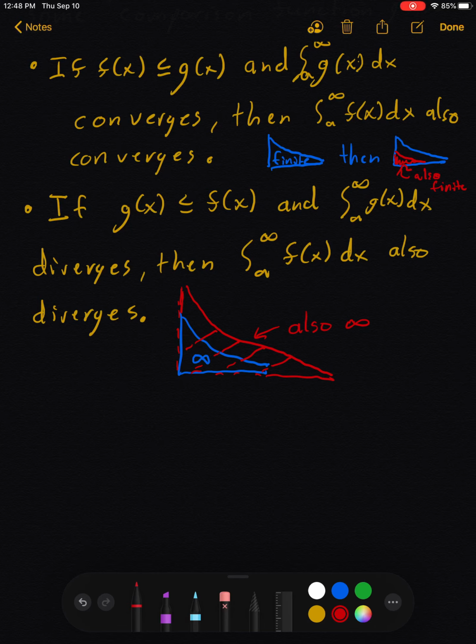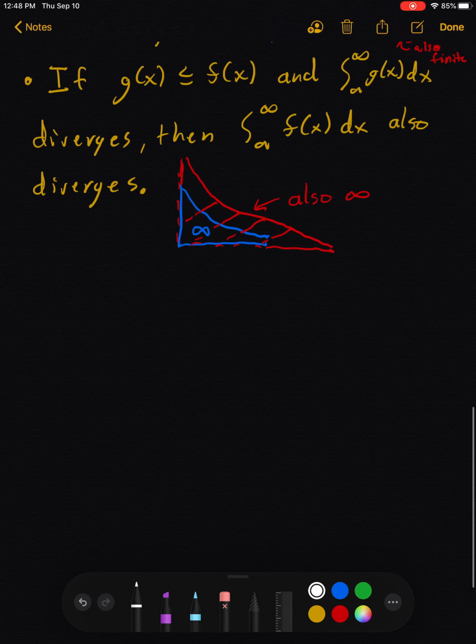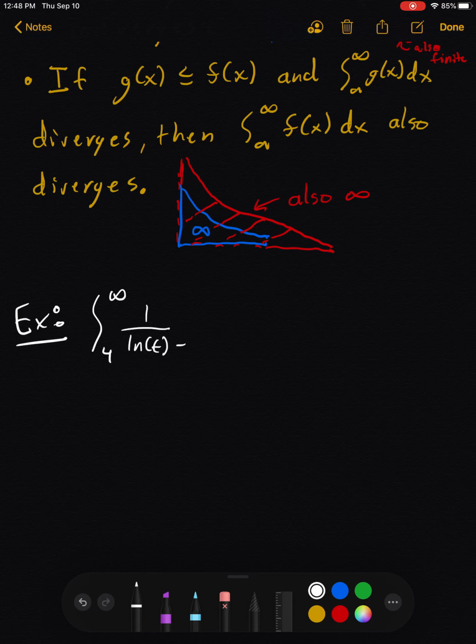So let's look at another example. Let's do the integral from 4 to infinity of 1 over ln of t minus 1 dt. Okay.